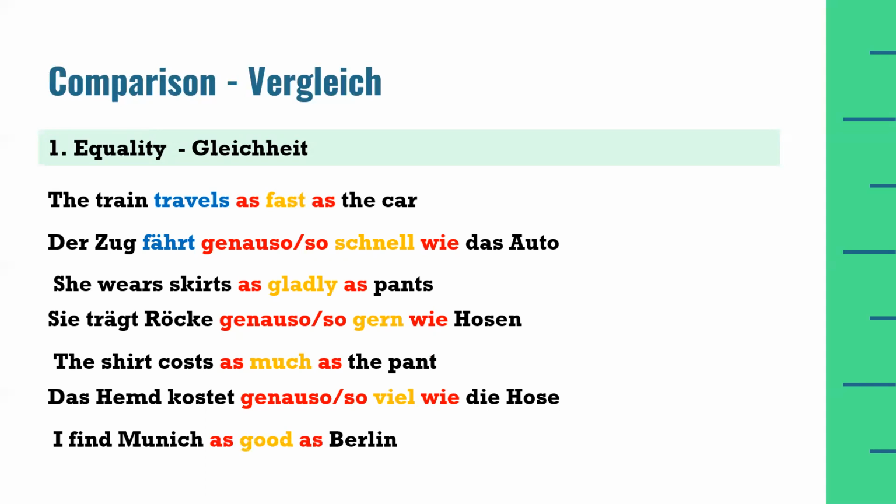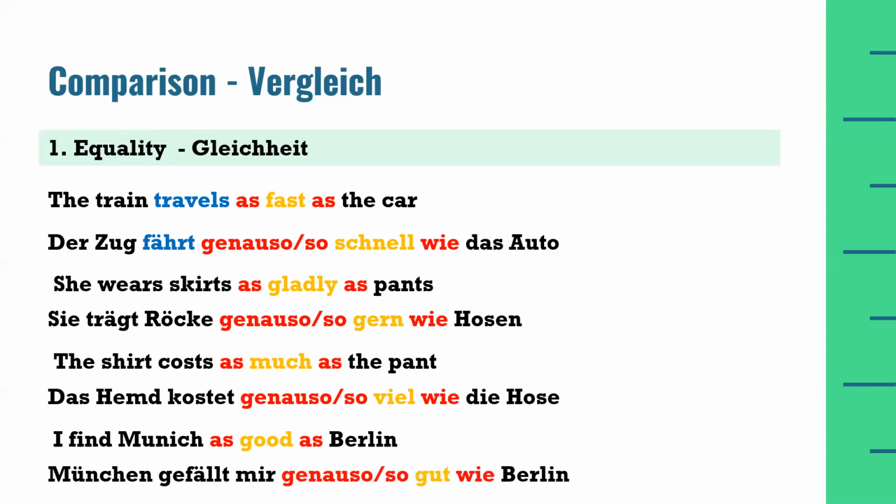Next example: I find Munich as good as Berlin. "München gefällt mir genauso gut wie Berlin." Or "München gefällt mir so gut wie Berlin." In this sentence, we are using a dative verb, "gefallen", and we are conjugating it. So its conjugation will be "gefällt".